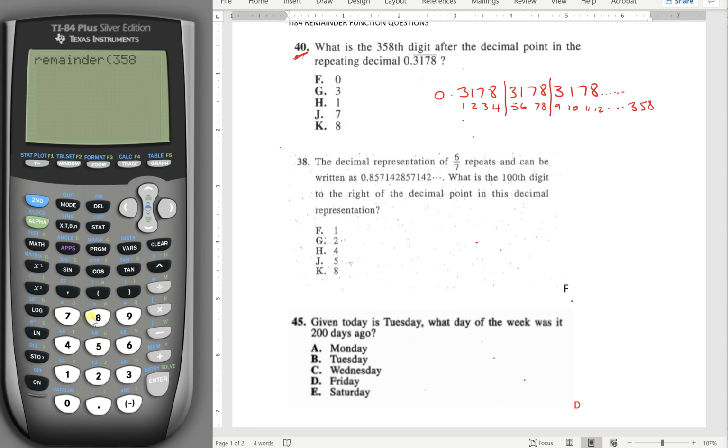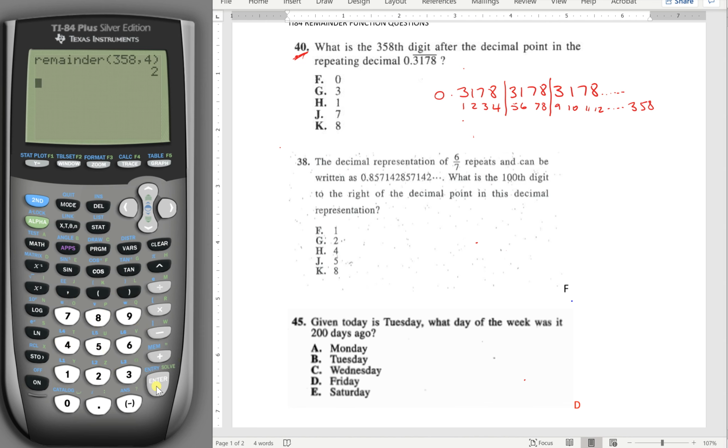Then we hit the comma, and that's up here. And then we put in the number of digits we have in the block, if you like. And we have 4. We have 3, 1, 7, 8, and then it starts to repeat again. So we have 4. We close the parenthesis and we hit enter, and it gives us a number 2.